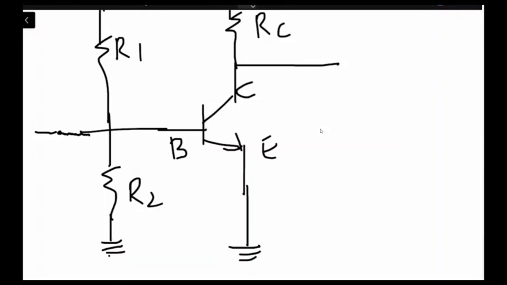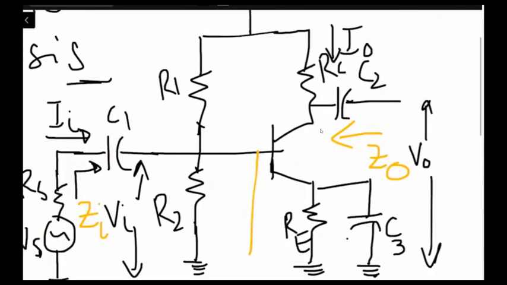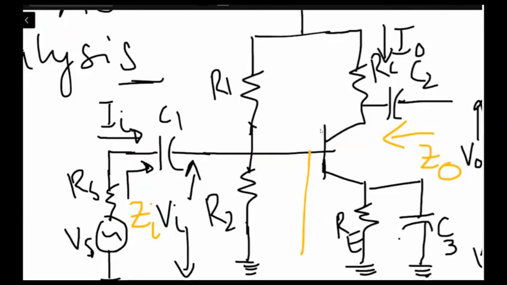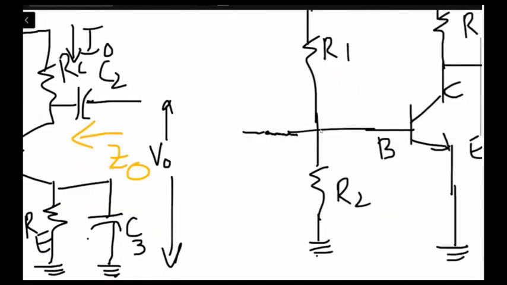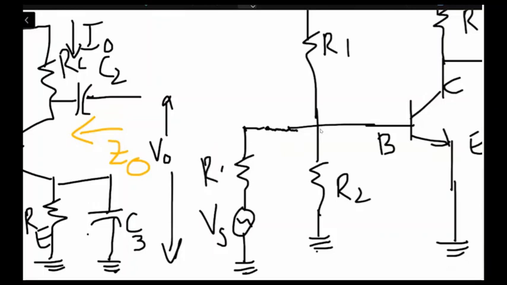As well as we have the voltage source. The voltage source will now be connected over here, on this side, and it is connected to ground. So we have Vs, we have Rs, and the current flowing over here is Ii, and looking from here we have Zi.